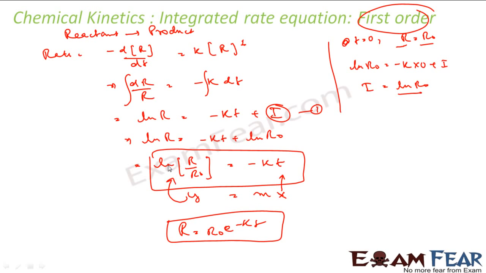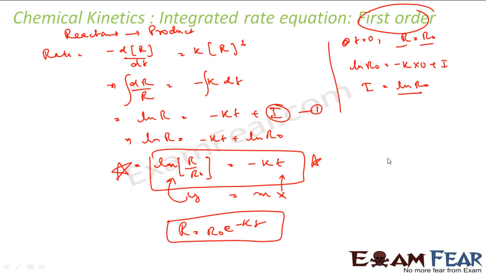Correct? This is ln. If you want to make it log, you can do that also. So this is the most common form of equation. This ln you can make it 2.303 log. This becomes 2.303 log R by R naught is equal to minus kt. That is also one form of equation. You can use any of these.